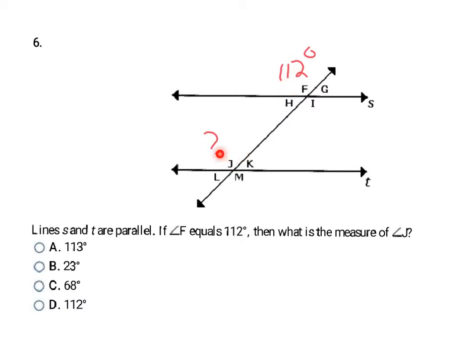Angle J is to the left of the transversal and above the parallel line. So that means they're corresponding angles, and corresponding angles are congruent. So that means that J is also 112 degrees, which is choice D. You could also think about the pattern that we talked about before and the fact that all four of these angles are going to be congruent and have the same measure.